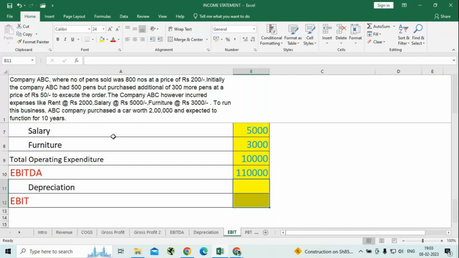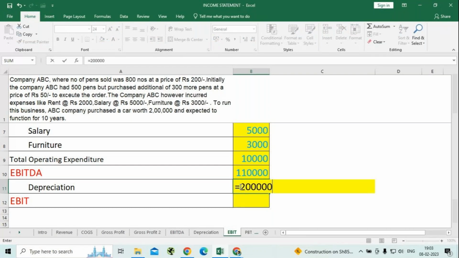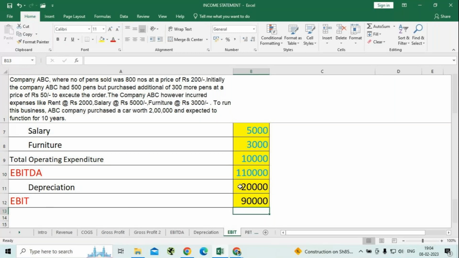That means the value of the asset is 2 lakh divided by the lifespan of 10 years, so that is 20,000. EBIT will be EBITDA minus depreciation, so it remains as 90,000.